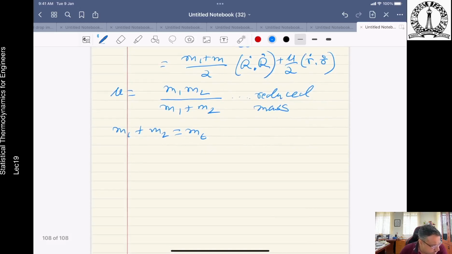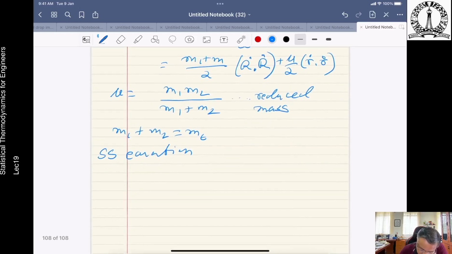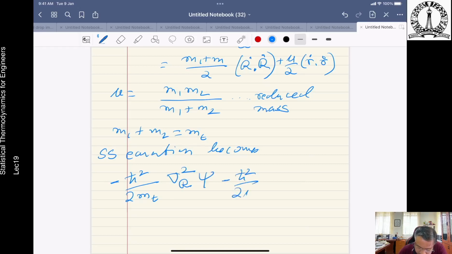So the Schrodinger's wave equation therefore becomes minus h bar square by 2MT into the Laplacian operator with respect to R, minus h bar square by 2 mu into the Laplacian with respect to r, operating on psi, plus V12 minus the energy into psi is equal to 0.